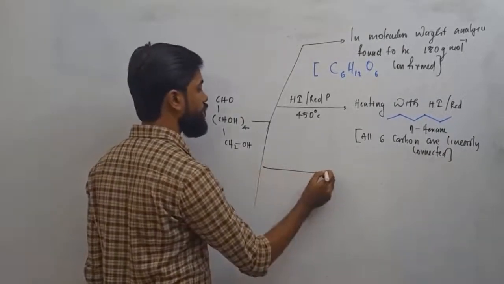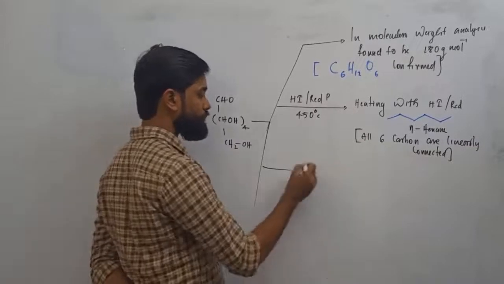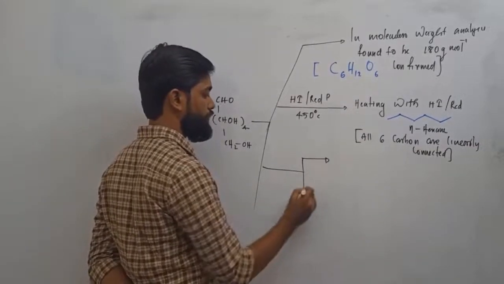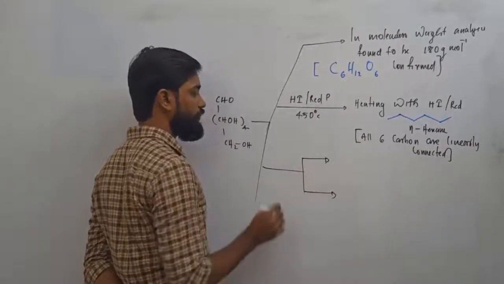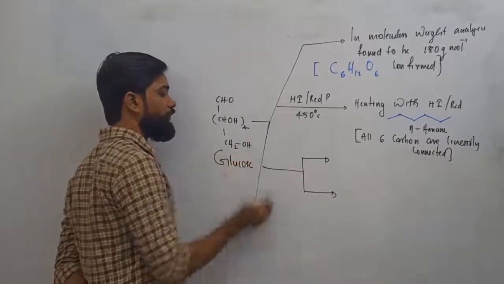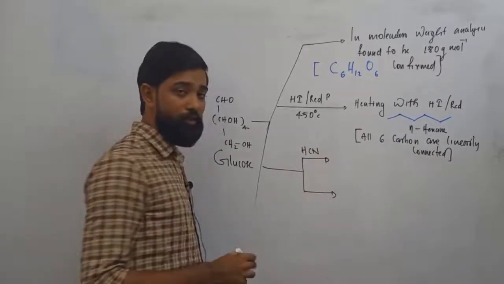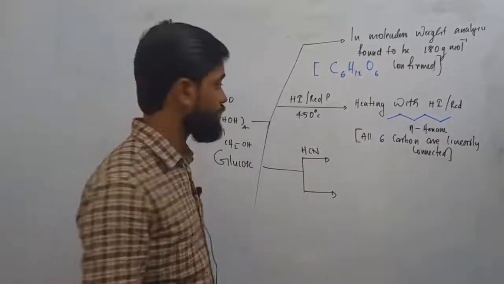Now check what about the functional group. For that, they treated glucose with hydrogen cyanide. I think you are familiar with the reaction of aldehyde with hydrogen cyanide.